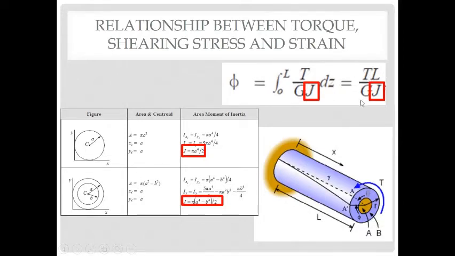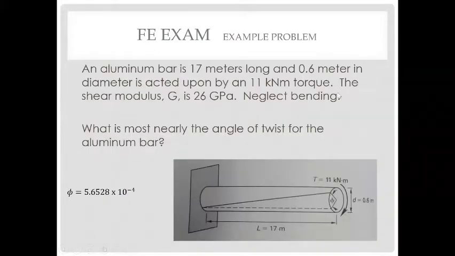So if you use the values for these parameters, making sure that they're in similar units. Let's go back here. We have meters, kilonewton meter. So therefore, maybe you want to put your shear modulus in kilopascals, which is kilonewton per meter squared. And all your units should be okay and everything would cancel.